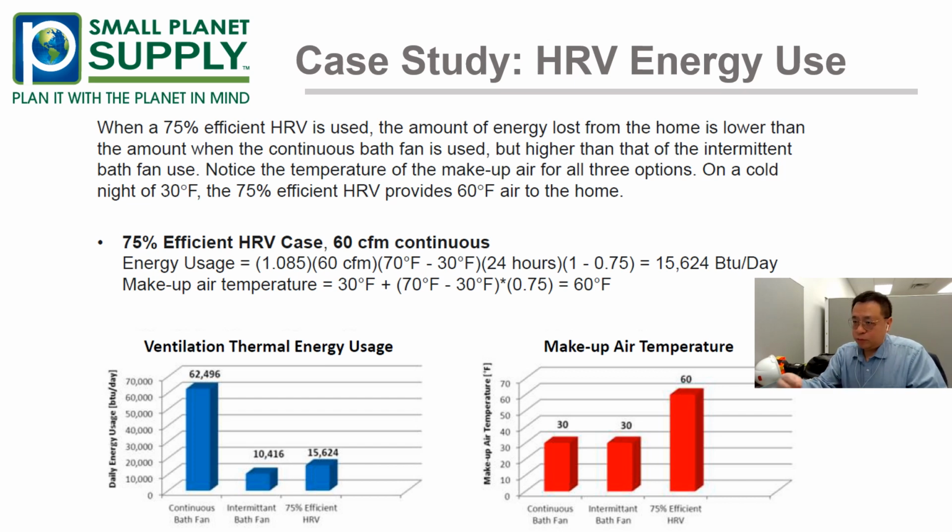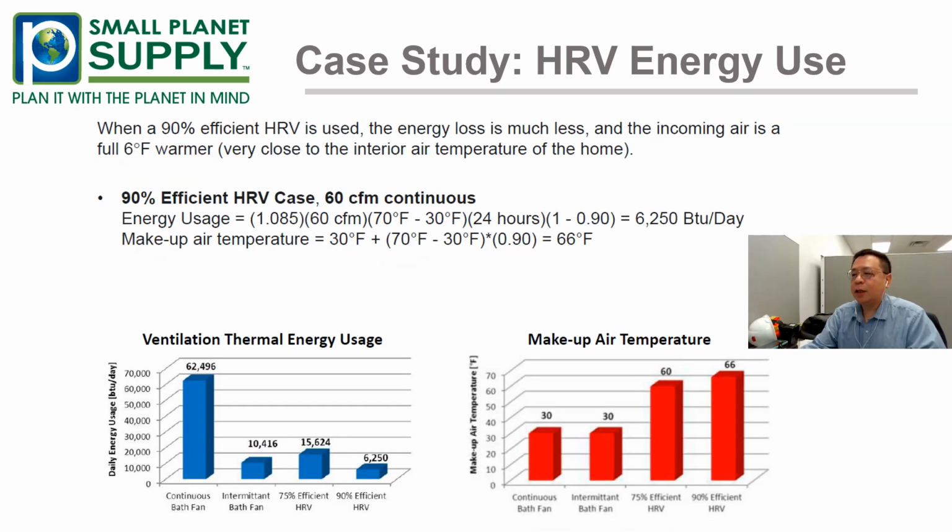What if we apply a high efficiency HRV, 90%? We just need 6,000 something BTU per day, and the makeup air can come up to 66 degrees Fahrenheit.